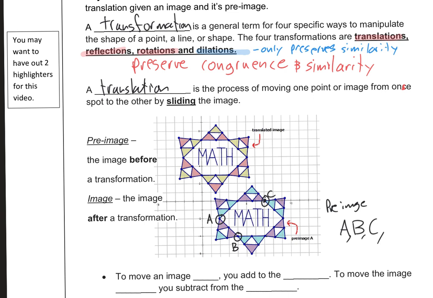Well, then when we go to write the image after the translation, we're going to label these as A prime, B prime, C prime. And so this little apostrophe tells us, oh okay, this is the point after it shifted, and this is before it got shifted. And we can even do this. So for A, let's take a look.